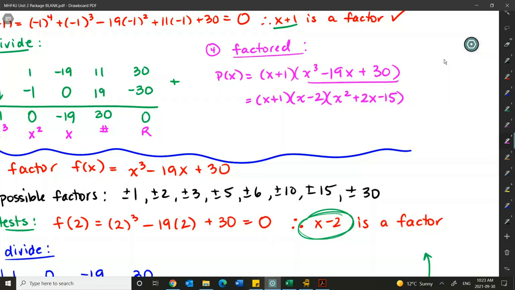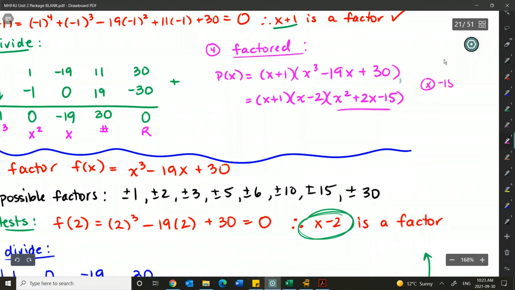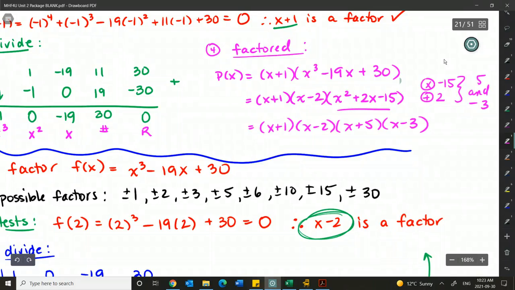Oscar? You need to find numbers that multiply to negative 15, add to positive 2, so that's going to be 5 and negative 3. Good. Easy factoring right into the brackets, right? So x plus 5, x minus 3.